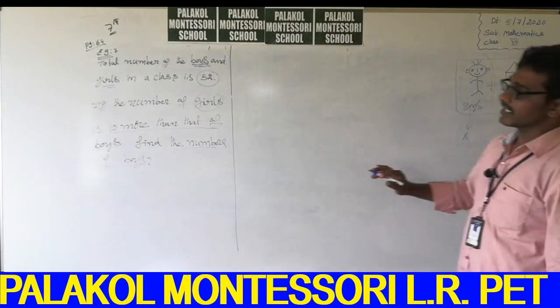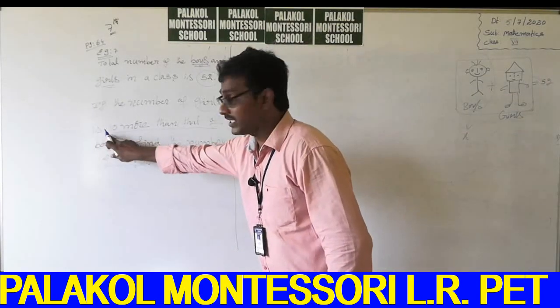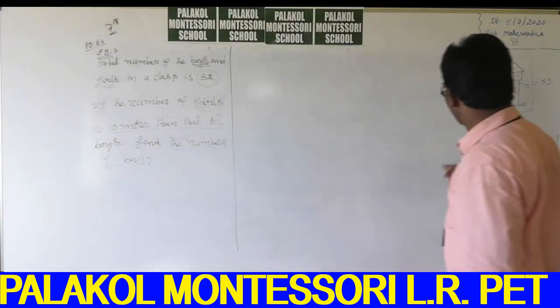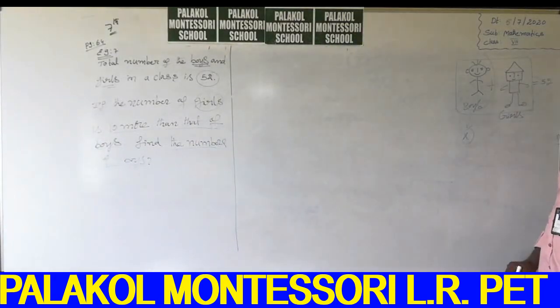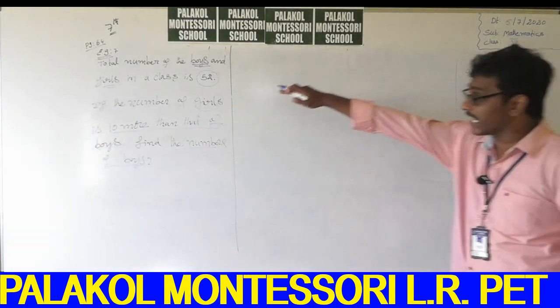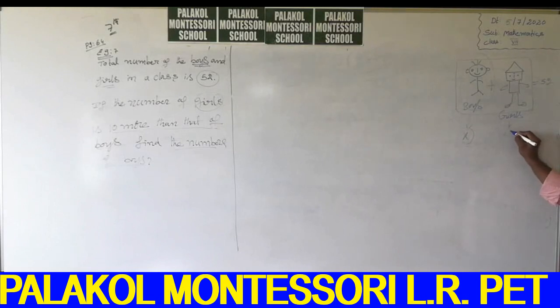What is the given condition? The number of girls is 10 more than that of boys. How many boys are there in the classroom? x. Or how many girls are there in the classroom? Guess according to this condition. Yes, very good: x plus 10. Why x plus 10?